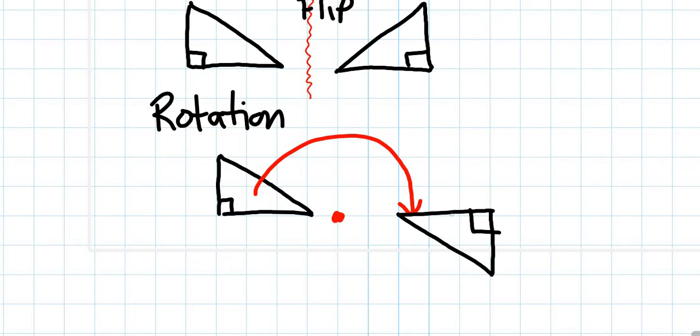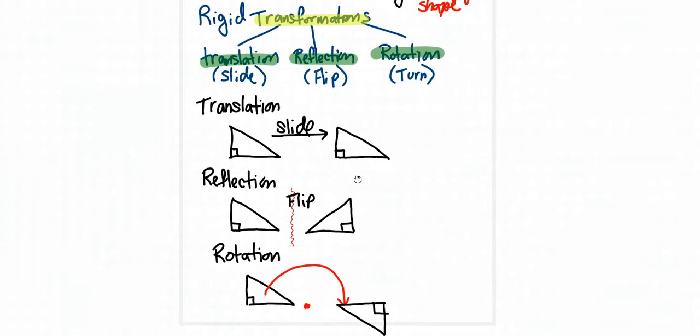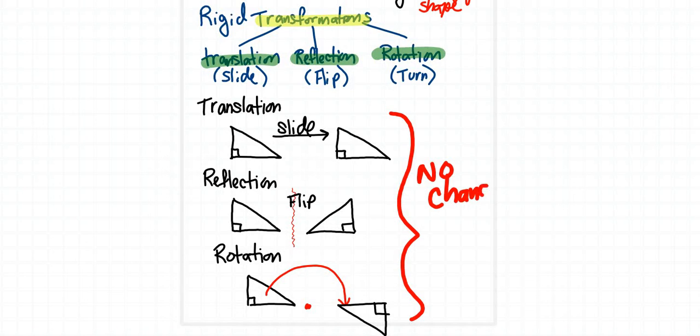So far we have translation, reflection, rotation. And those are all called rigid transformations. Rigid transformation means they do not change shape. They stay the same size. No change in shape.